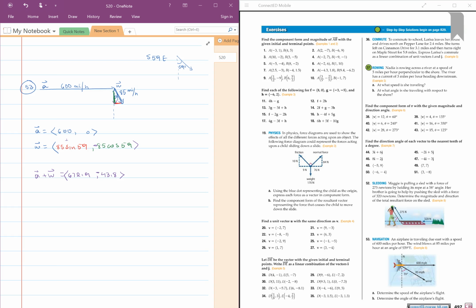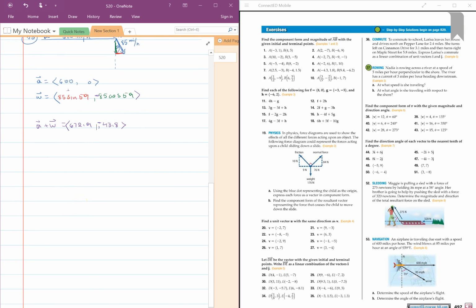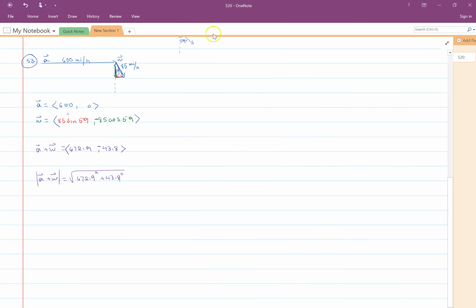So now the magnitude is going to be the square root of 672.9 squared plus 43.8 squared. And the direction, theta, is inverse tangent of negative 43.8 over 672.9.